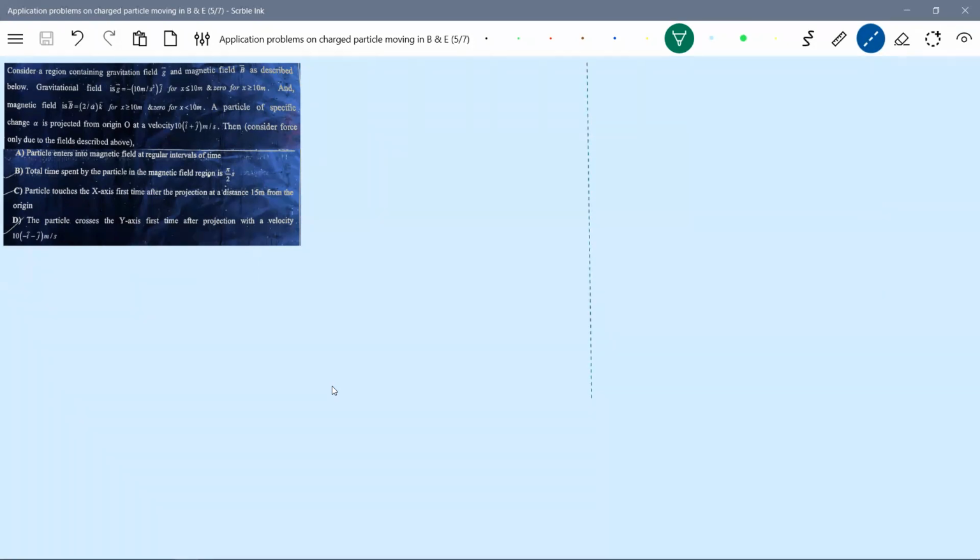There's a y-axis, there's an x-axis. Now you indicate all the things clearly. What about the gravity? Gravity is present.